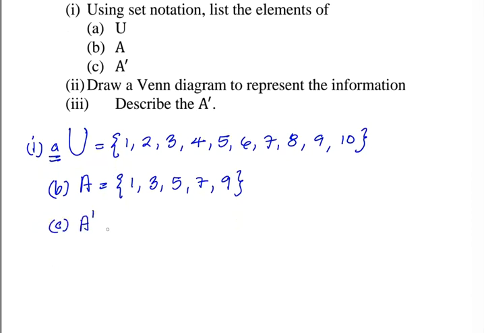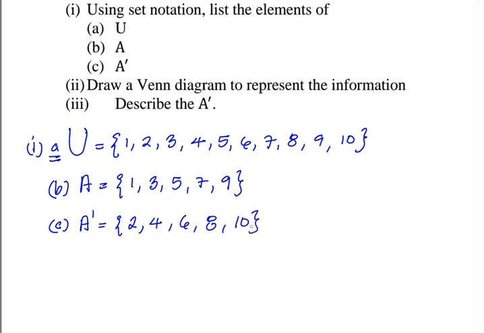What we said when we were defining A complement is that A complement is the set of all elements in the universal set which are not elements of the set A. So the elements would be like 2. 2 is not in A, so it's in A complement. 4, 6, 8, and 10.